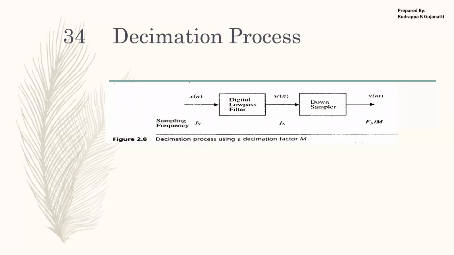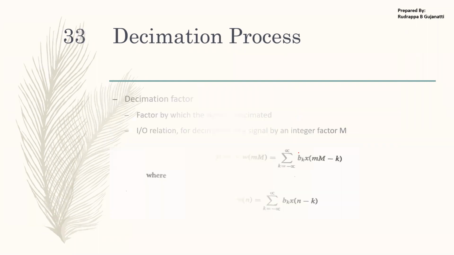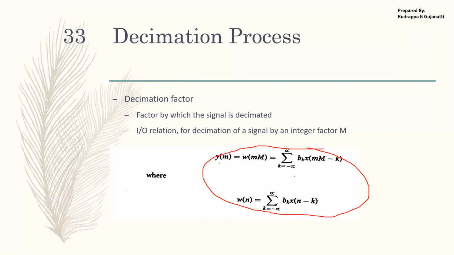Whenever I do the decimation process, before going ahead, if you just observe in this case, you want a decimated sequence, but what you're doing is you are removing a few of the samples. You are discarding a few of the samples. So discarding is nothing related to downsampling.